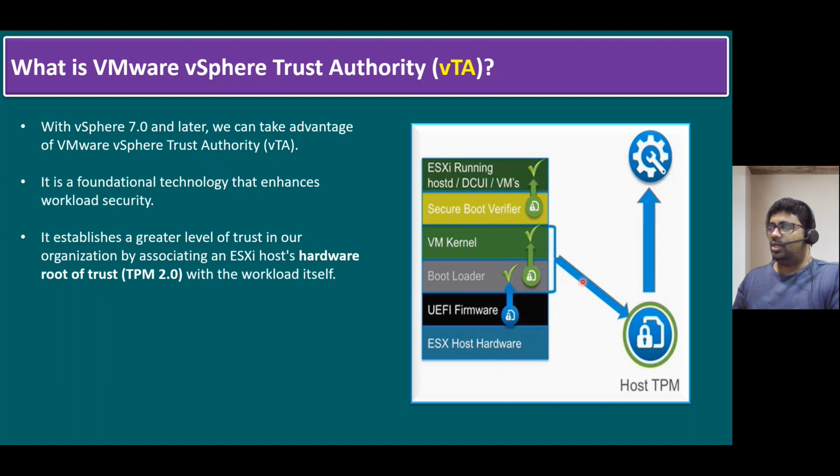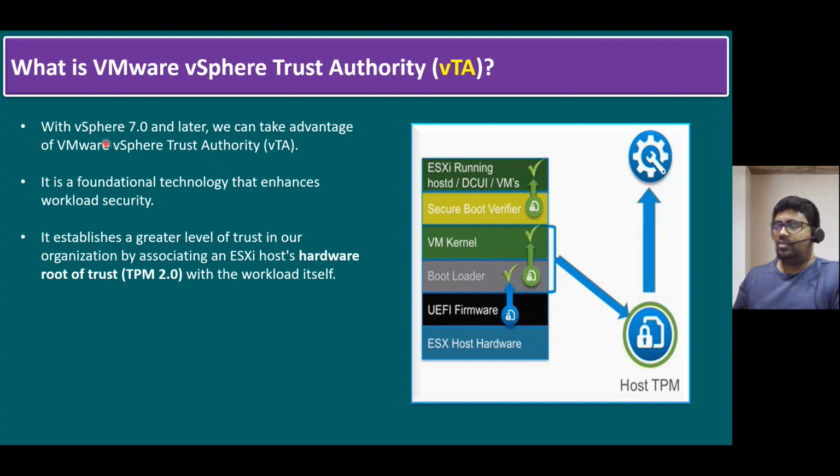The only prerequisite is that our hardware must have a hardware microcontroller chip, called a Trusted Platform Module. When we have this card, we can do the verification starting from firmware, the ESX operating system level, and the secure boot verifier level, down to how many vSphere installation bundles are running on the ESXi. All these layers of compliance verification can be done using this vSphere Trust Authority.